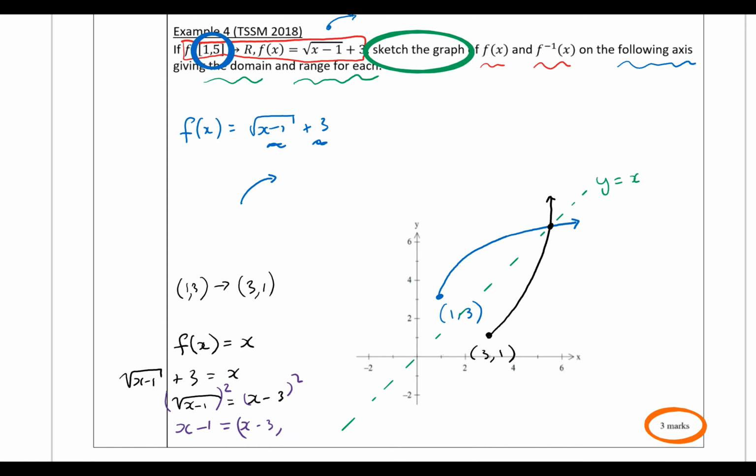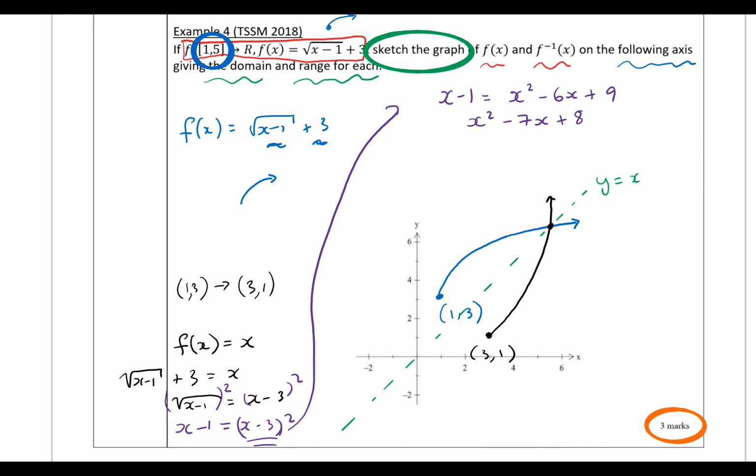Let's try and give ourselves a little bit more room to solve this. x minus 1 equals x squared minus 6x plus 9, because that's (x minus 3) all squared. If I bring everything to the right, x squared minus 7x plus 8 is equal to 0.